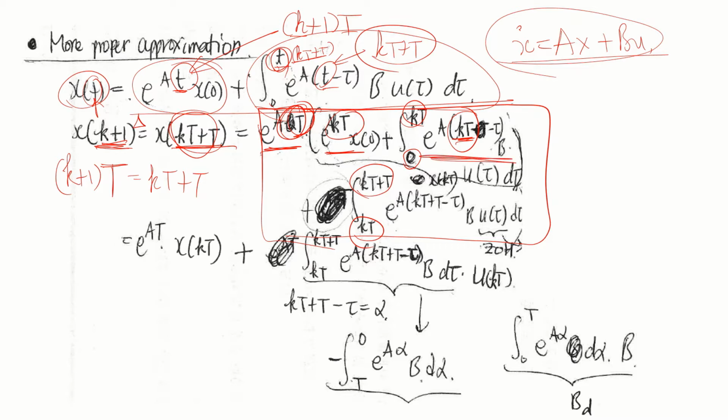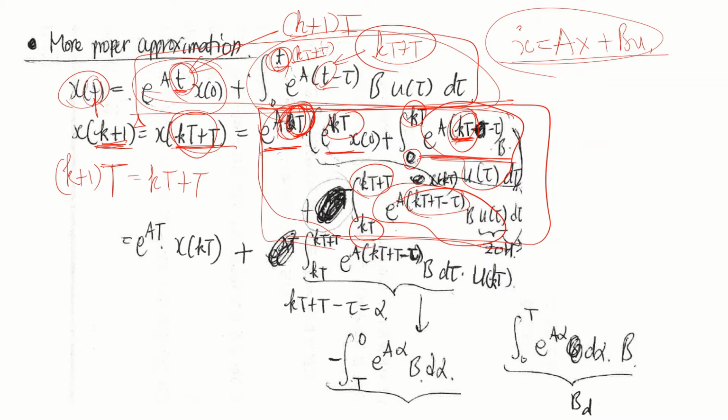This integrand is the same, but this one times this one is the same as this one. It's basically the same as this one with (k plus 1)T in place of small t.